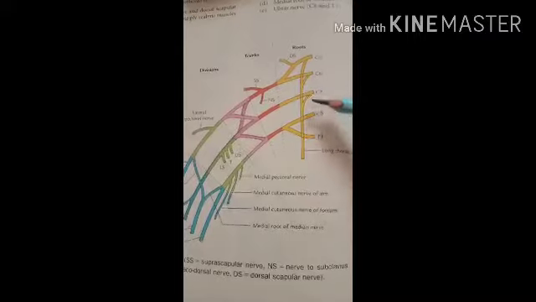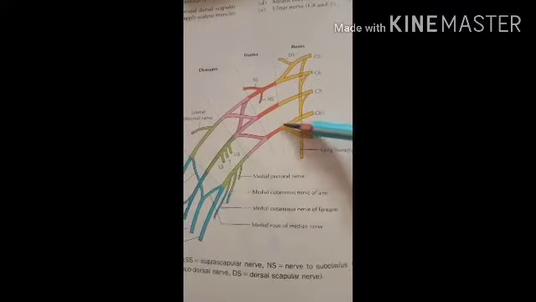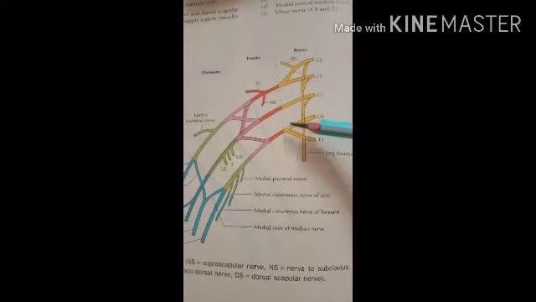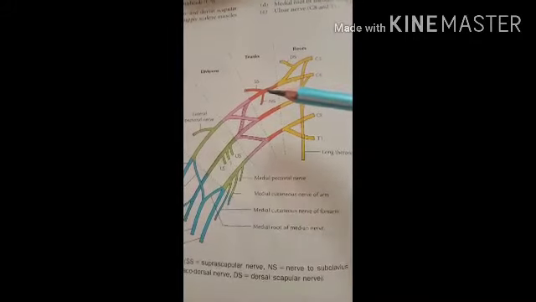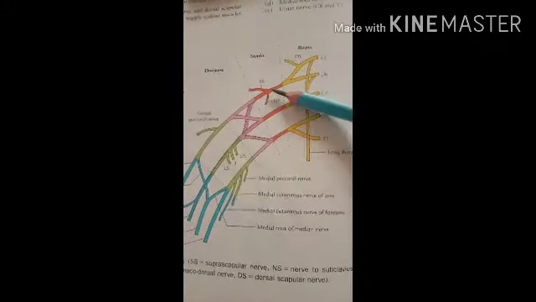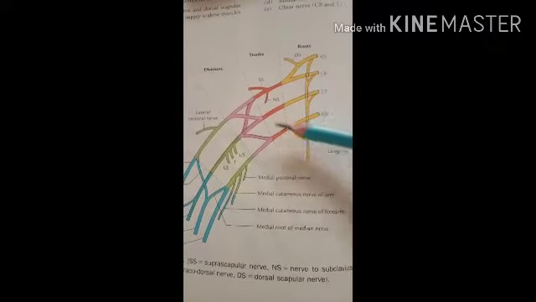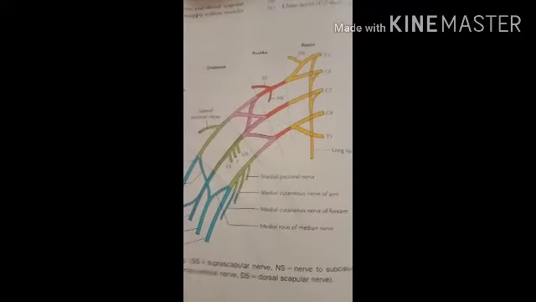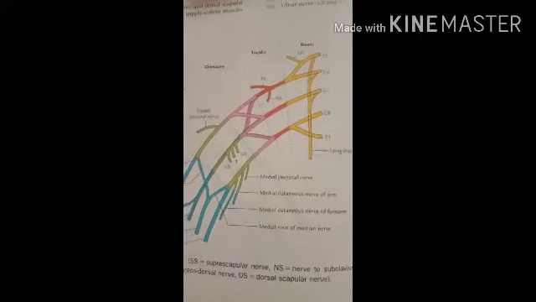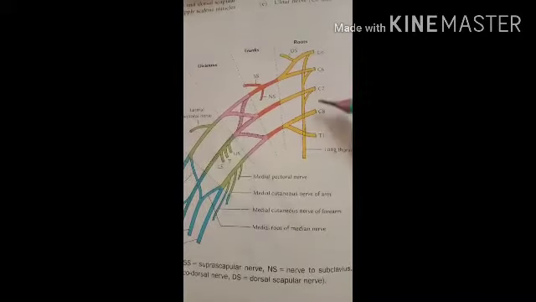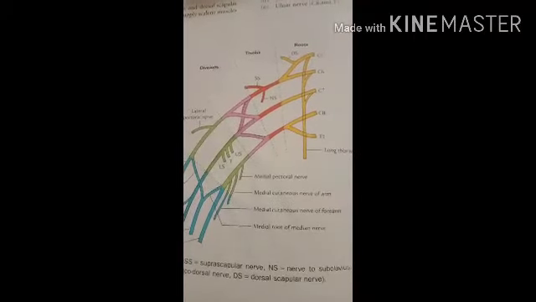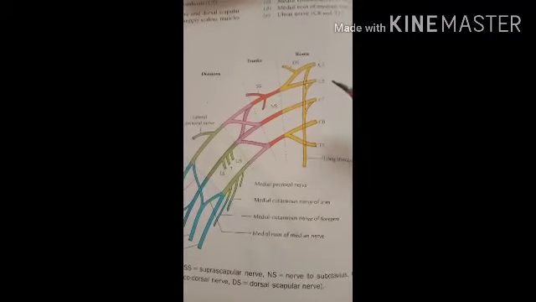And the roots C8 and T1 form the lower trunk. So the trunks are the upper trunk, the middle trunk and the lower trunk, formed from the 5 roots: C5, C6, C7, C8 and T1.